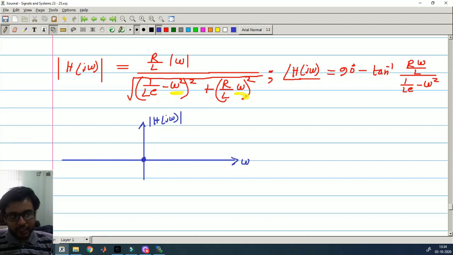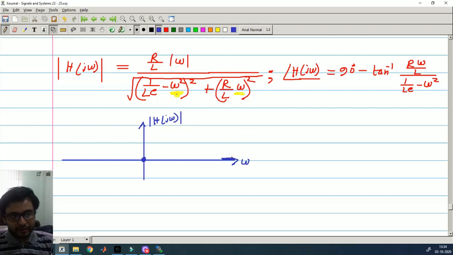So the denominator will have omega square dominating, while the numerator has omega, so the denominator will be larger. Then at very large frequency this magnitude will again be 0.